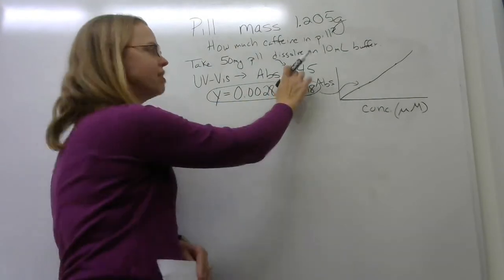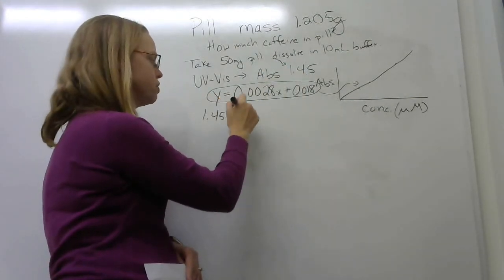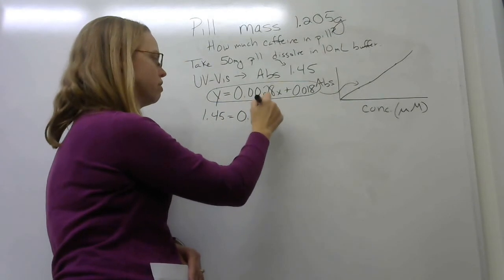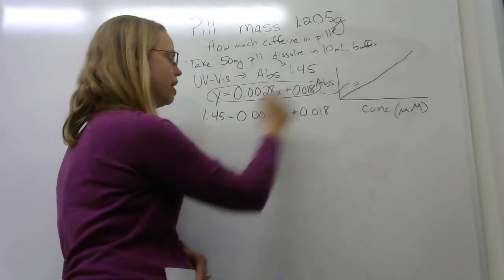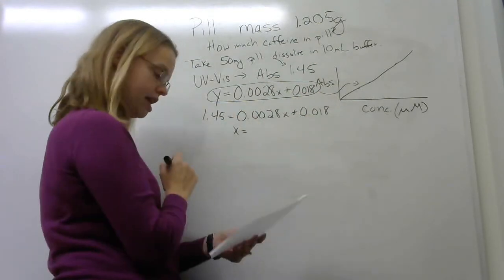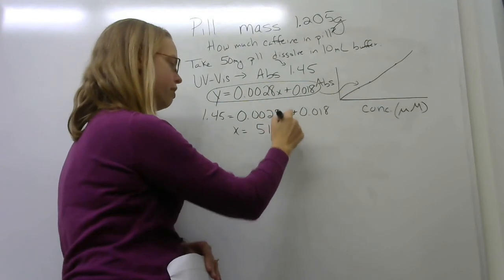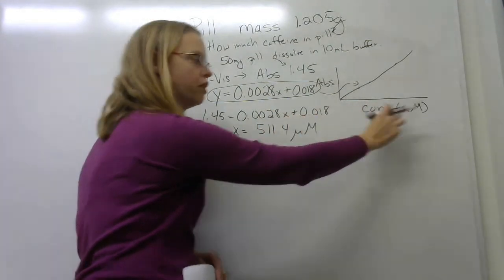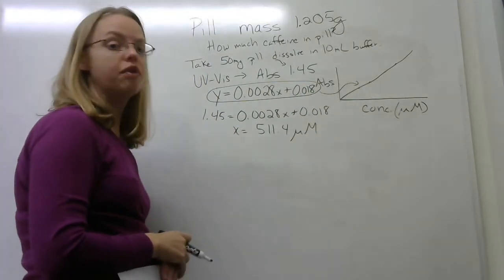Now that you have an absorbance value, you can plug that into your equation, and most students can do this part. 1.45 equals 0.028x plus 0.018, and if we solve that for x, we come up with 511.4 micromolar. It's micromolar because that's the concentration unit I used for the graph.